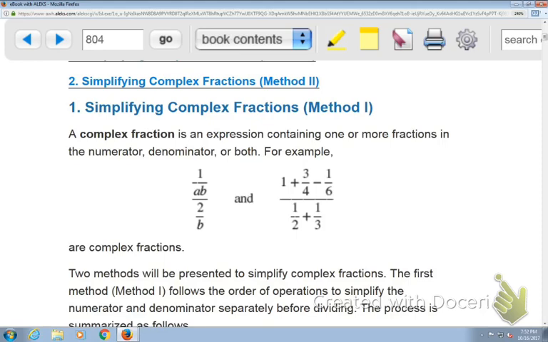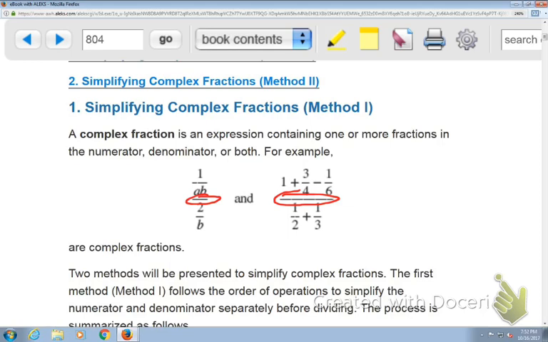Some examples being negative 1 over AB divided by 2 over B, and 1 plus 3/4 minus 1/6 divided by 1/2 plus 1/3. So what's really important for you guys to keep in mind is the main fraction bar in a complex fraction. The main fraction bar divides your complex numerator and denominator.